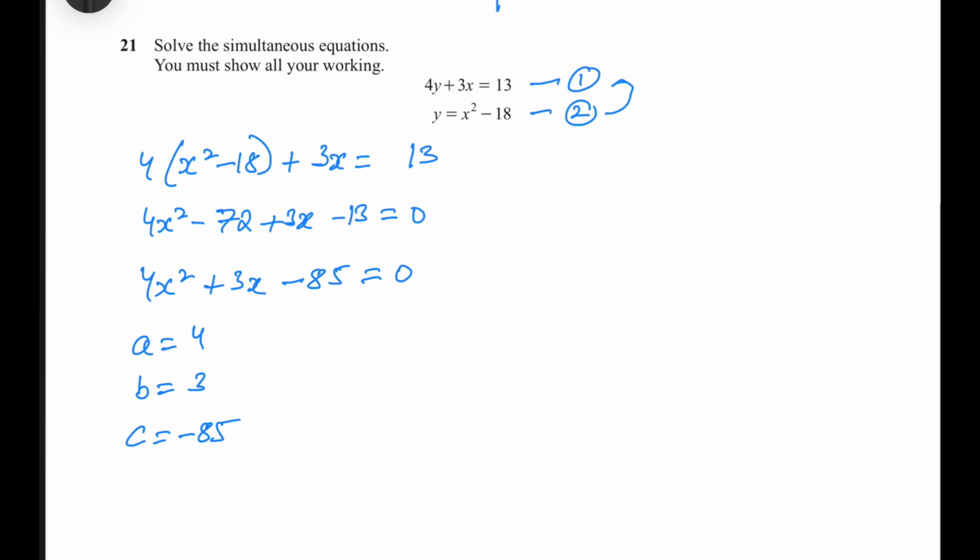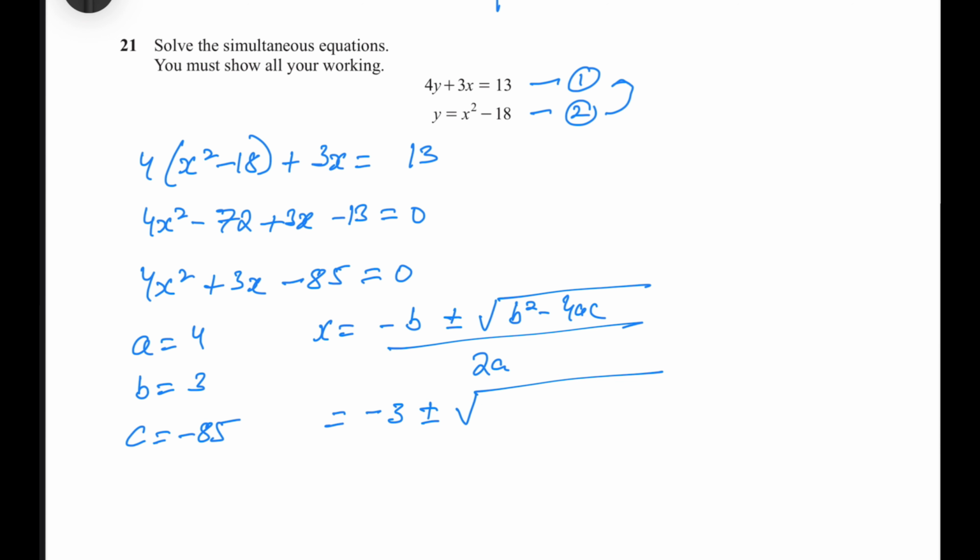The formula is x equals minus b plus or minus the root of b square minus 4ac, by 2a. So minus 3 plus or minus the root of 3 square minus 4 into 4 into minus 85, which will actually be plus, upon 2a, which is 2 into 4.